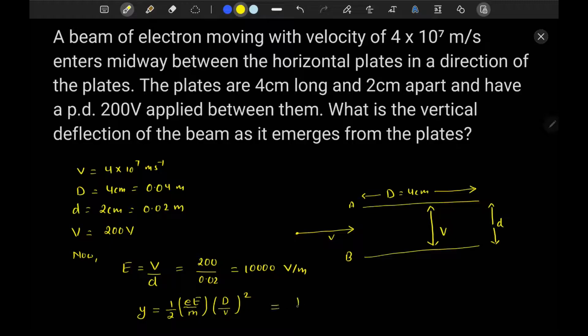Keeping these values, 1 by 2, 1.6 into 10 power minus 19, electric field 10,000 by mass of electron 9.1 into 10 power minus 31.